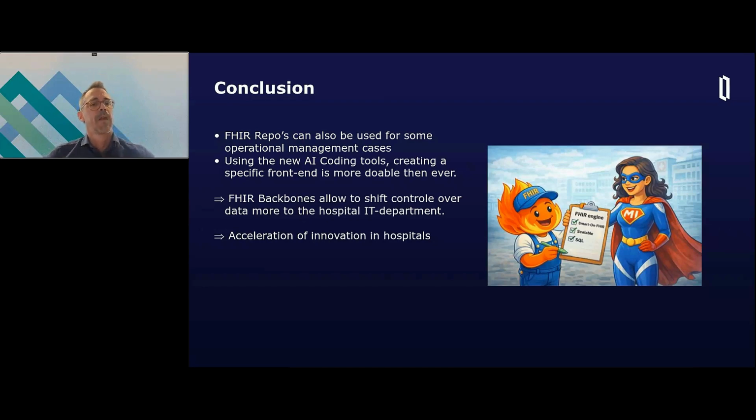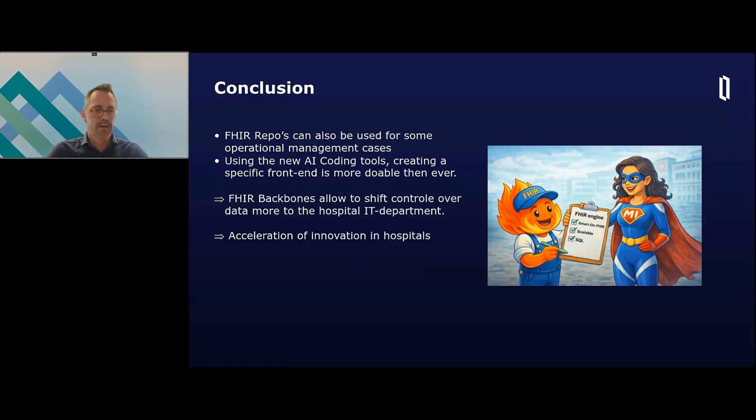And using the new AI coding tools, the front-end creation for FHIR is more doable than ever before. So in general, I would like to make the statement that FHIR backbones allow to shift control more and more to the hospital IT departments, and that in the end it will accelerate the innovation inside the hospitals itself.